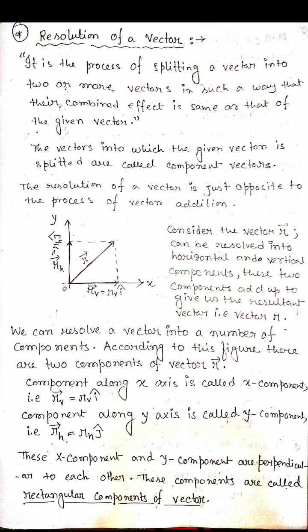Since we use two axes, x and y, which are always perpendicular to each other, the two components are also perpendicular to each other. These components are called the rectangular components of a vector. Clear?